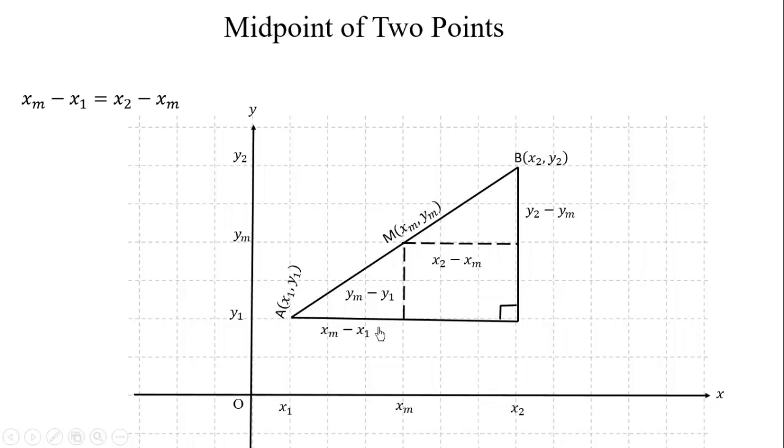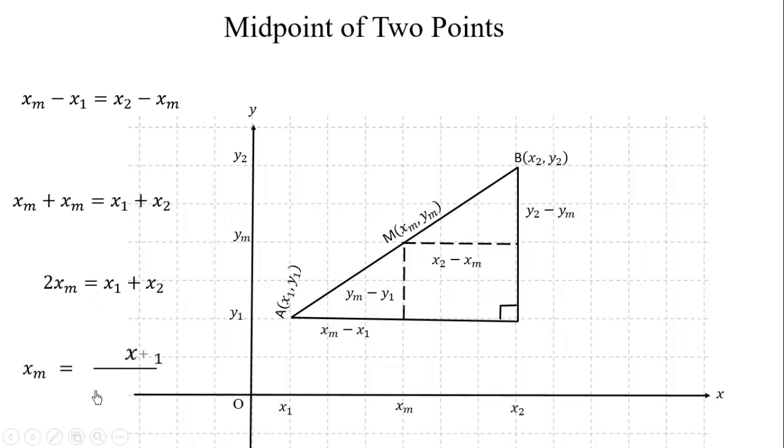So we know that these two lines are equal because this is dividing this into two equal parts, and the distance from here to here is the same as the distance from here to here. Therefore, we have x of m minus x of 1 equal to x2 minus x of m. So we simplify this by grouping like terms.